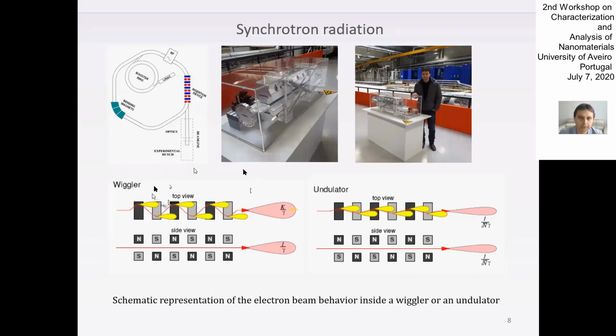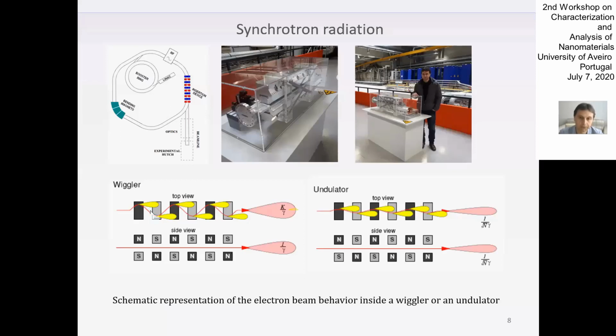So what happens there? When the electron comes into this device, it changes its trajectory, because what is the wiggler? It's just a set of permanent magnets with oppositely aligned poles. Depending on the geometry, how these magnets are arranged in space, we can say wiggler or undulator.